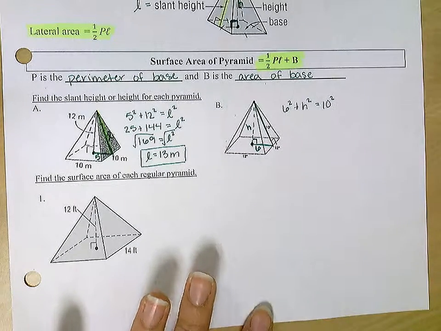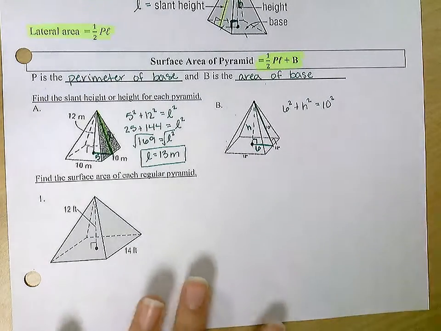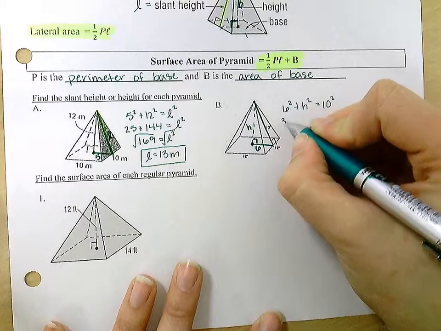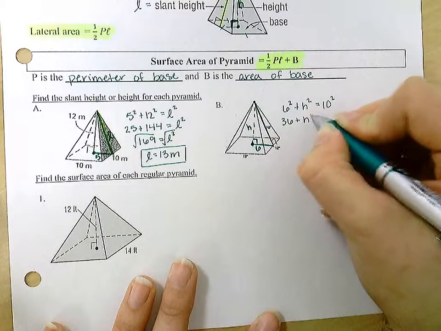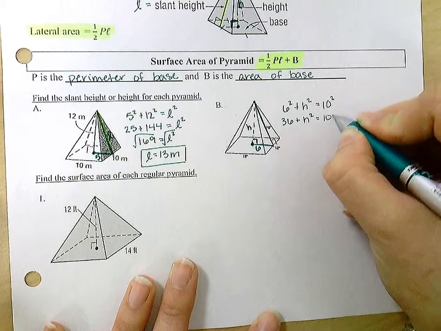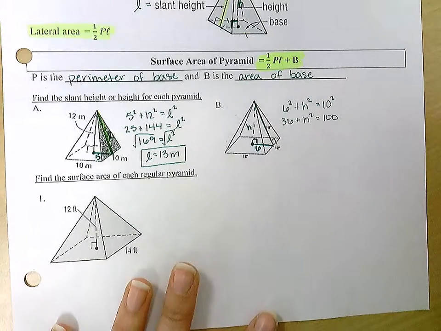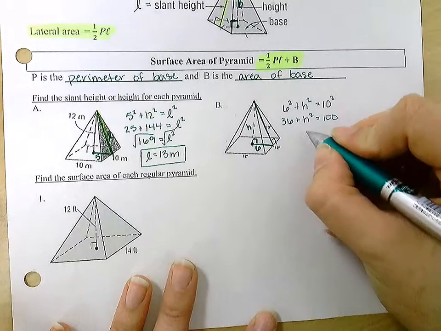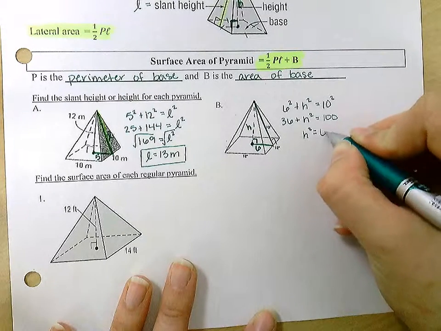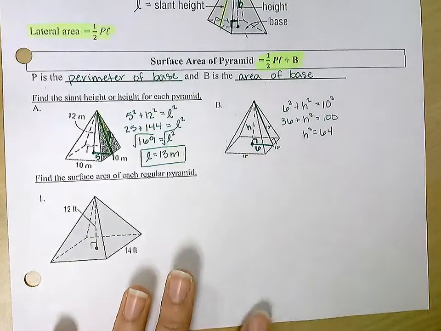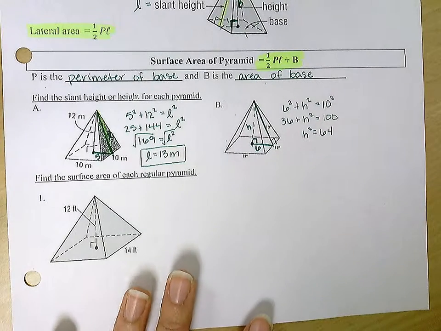I'm given the hypotenuse length this time. So 6 squared is 36. 10 squared is 100. Subtract 36 from both sides of your equation. So we have h squared is equal to 64.